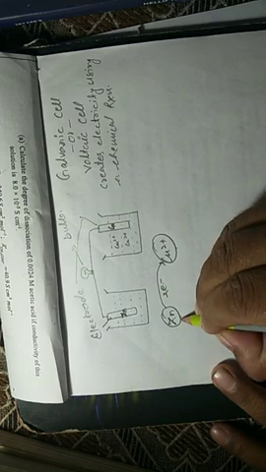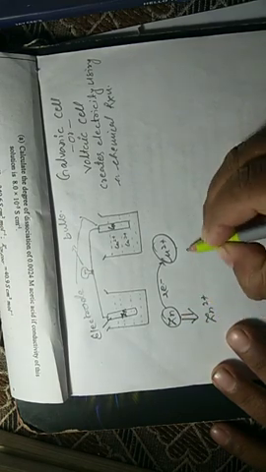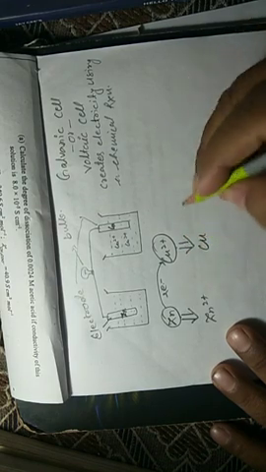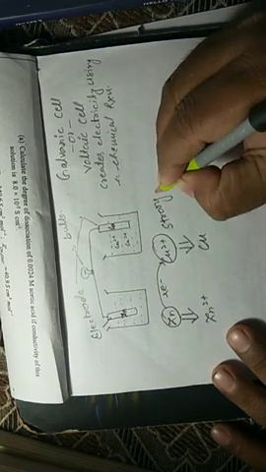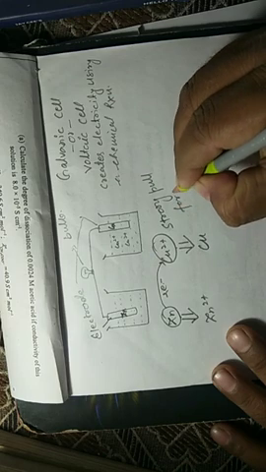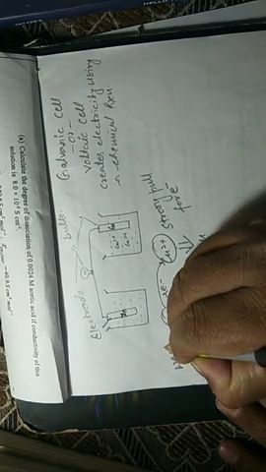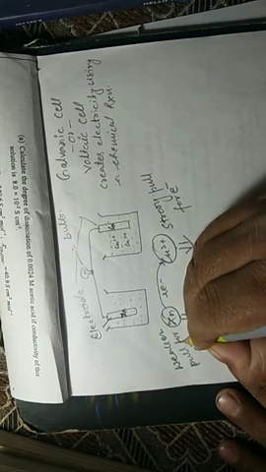Now zinc became Zn2 plus and Cu2 plus became Cu. Here is a strong pull for electron, and here a weaker pull for electron.